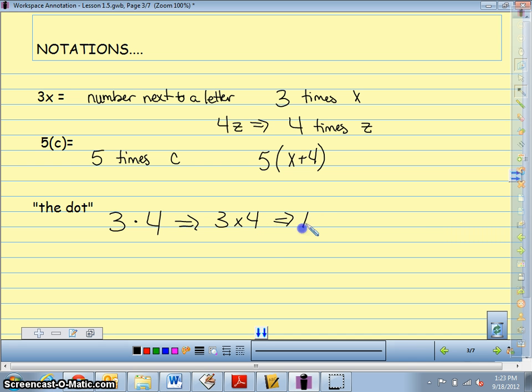So we put that dot, and it just means 12. You might have c and then a dot and a 5. That means c times 5. So the dot just means to multiply. And you'll notice we don't want to get it confused with a decimal. So notice it's up here in the middle. We don't put it down at the bottom and try and confuse people with decimals.